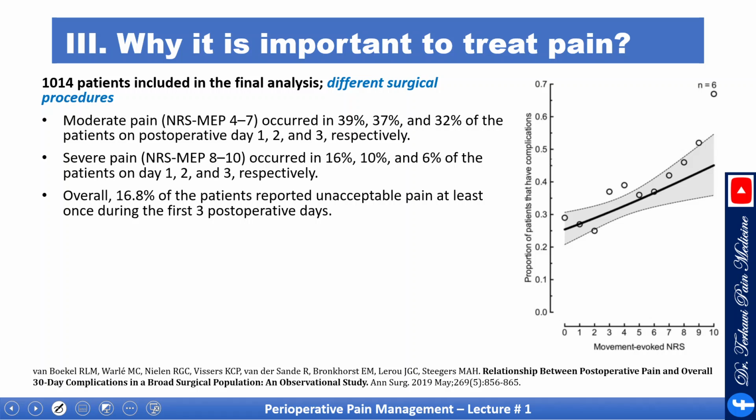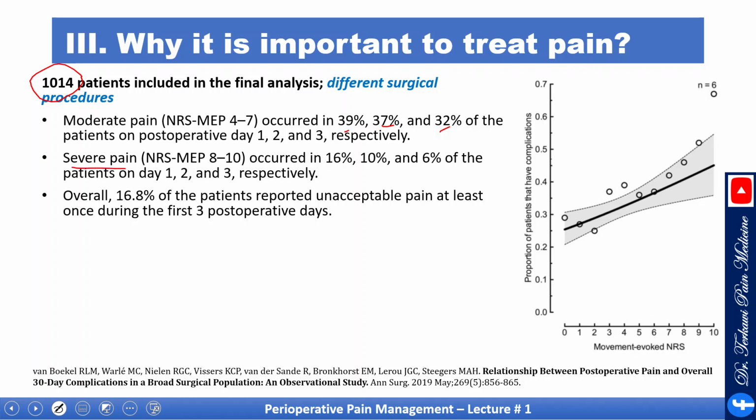Okay, here is a study, a little bit over 1,000 patients included in the final analysis, patients who had multiple types of surgeries. The researchers found that the incidence of moderate pain, defined by a pain score from 4 to 7, occurred in about 40%, 37%, and 32% of patients on postoperative days 1, 2, and 3, respectively.